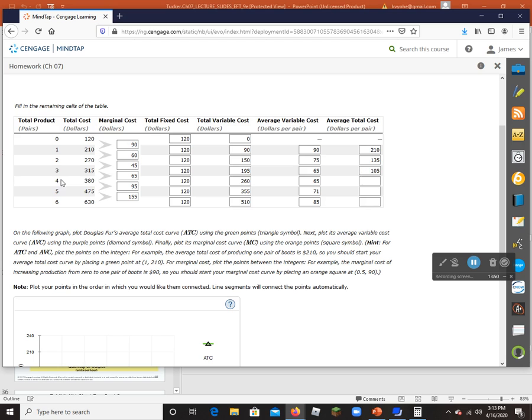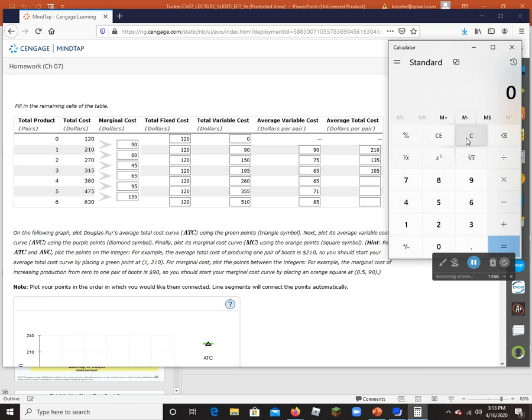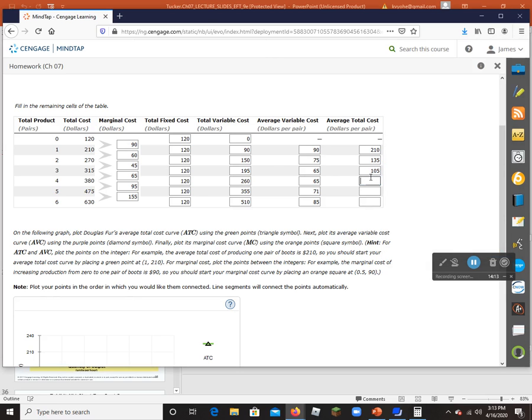We get here, 4 units of output. Get the calculator going. I've got $380 in total cost divided by the 4 units of output. We've got $95 in average total cost.